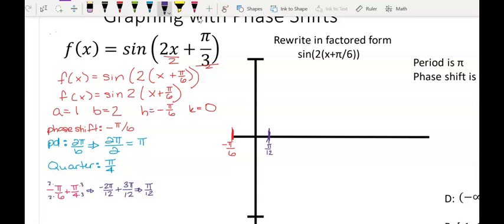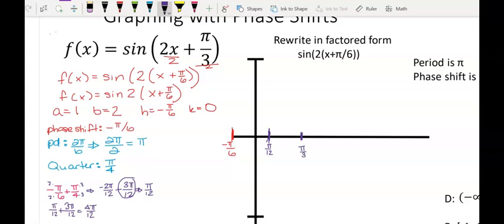All right, so now I'm going to figure out what the next one is. I've got pi over 12. I'm going to add pi over 4 again. Remember, this is equivalent to 3 pi over 12, so I'm just going to use that because that already gets me a common denominator. That gets me 4 pi over 12. I need to reduce it. So 4 pi over 12 reduces down to pi over 3.